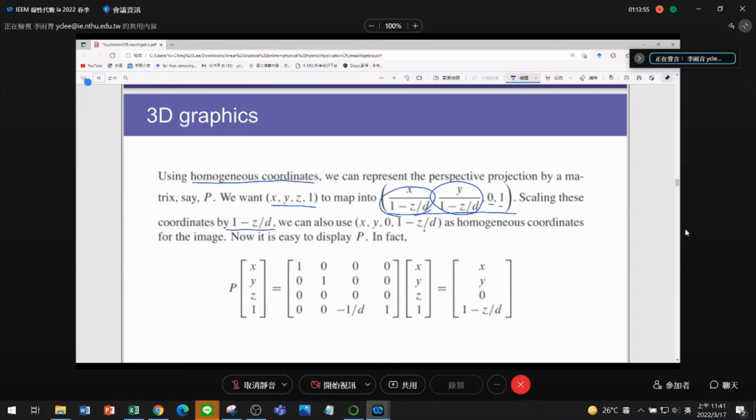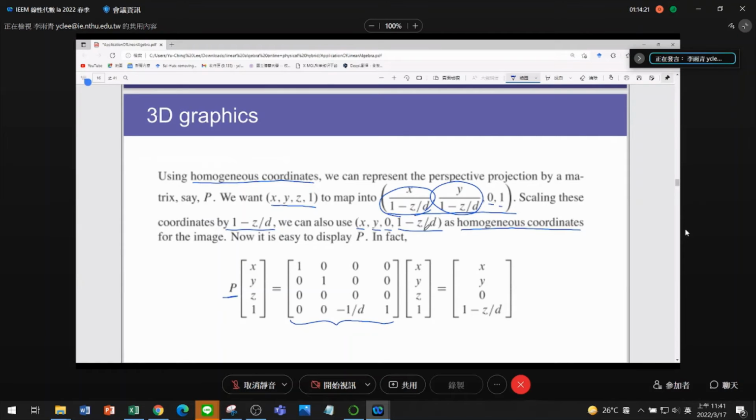We can also use x, y, 0 and this 1 minus z over d as homogeneous coordinates for the image. So now it's easy to display P, where P is the matrix to do the perspective projection, and this matrix has this format.